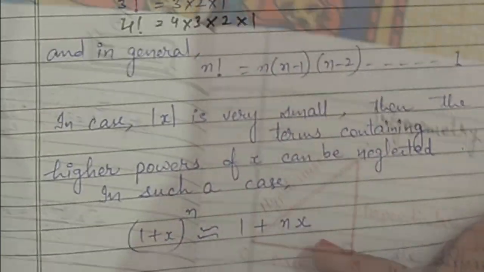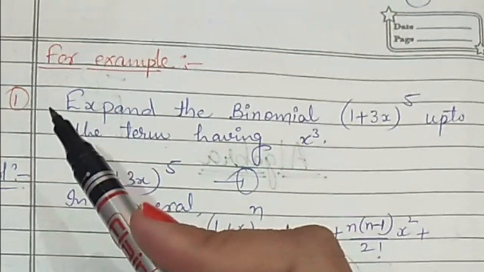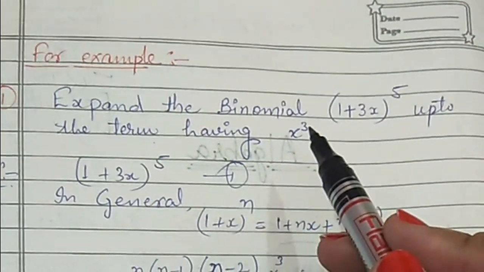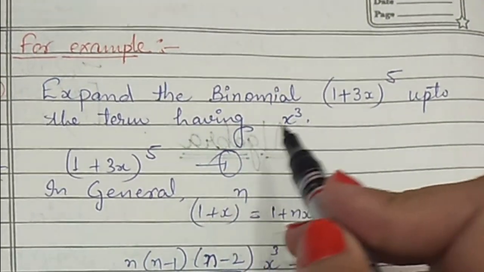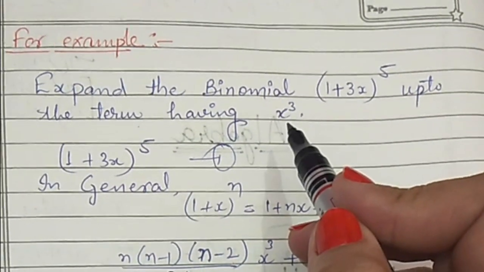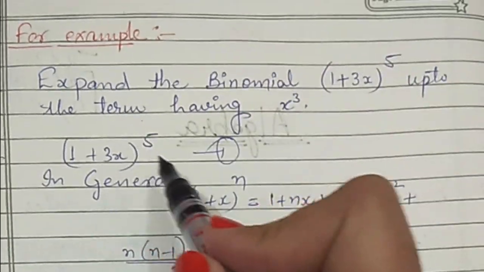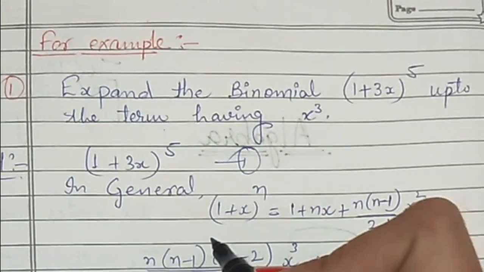Now after this, let us take an example. First example: expand the binomial 1 plus 3x raised to power 5 up to the term having x cube. So we have 1 plus 3x raised to power 5. Suppose this is equation number 1.